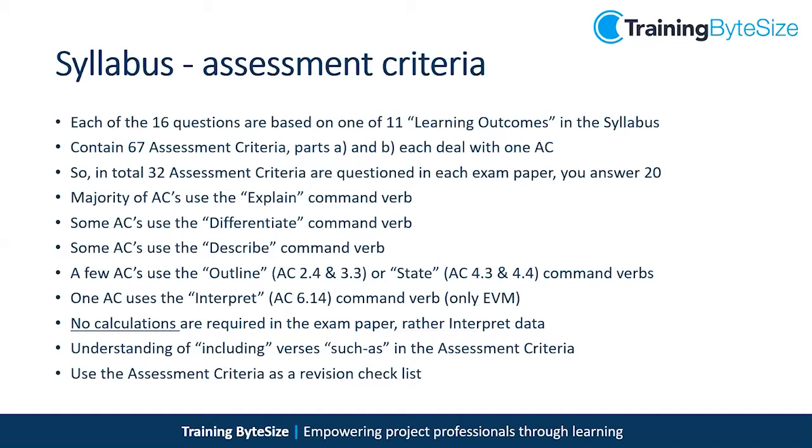The assessment criteria can also be used as a revision checklist. That can be a nice way to go through your revision and check things off to make sure you're happy with it. So there are 67, 32 will be asked in the exam, and you have to answer 20 of them. So you can use it as a nice checklist to structure your revision perhaps.